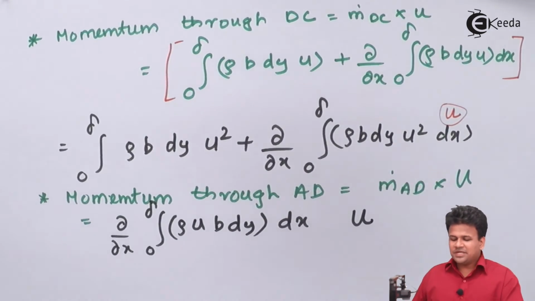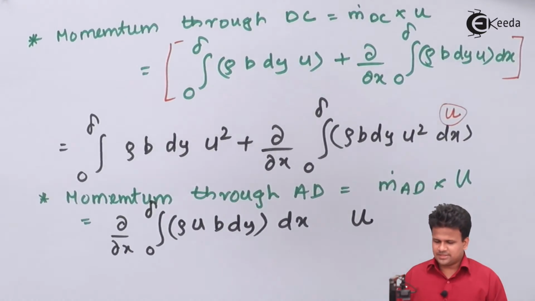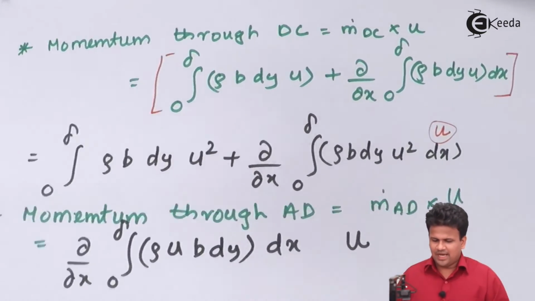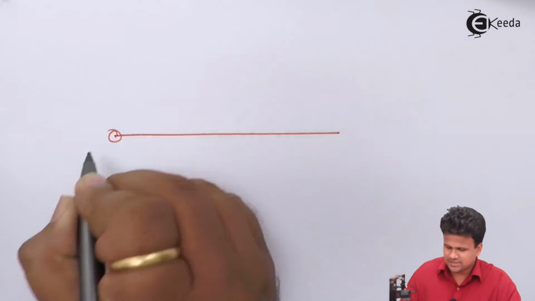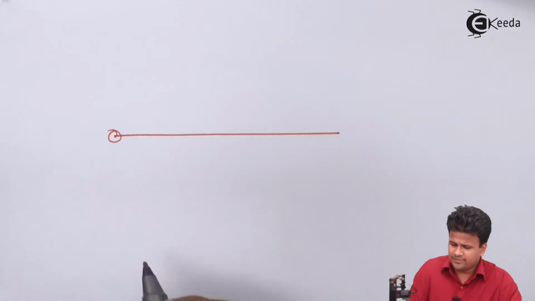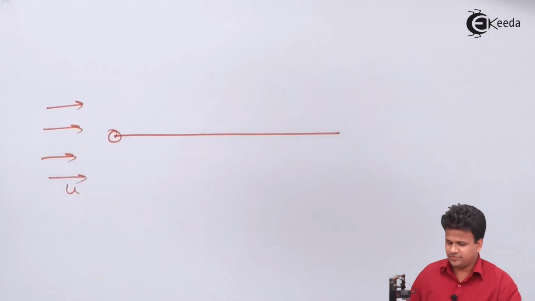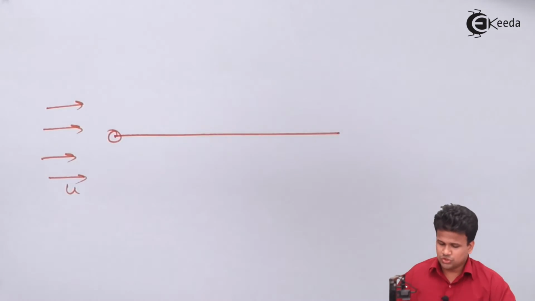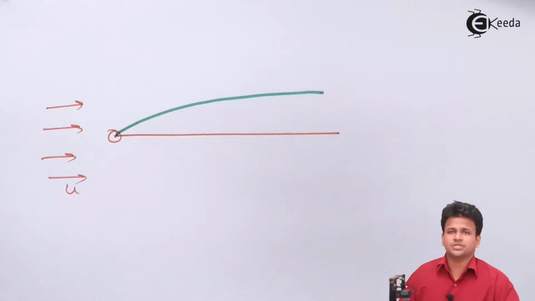Now why are we applying this momentum equation over here? Let us understand this part. So we have our solid surface, we have this as our leading edge, and we have the velocity which is flowing in the positive direction of the x-axis. So during this part there is a small amount of boundary layer generation.